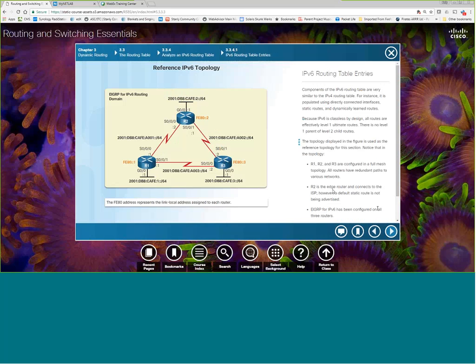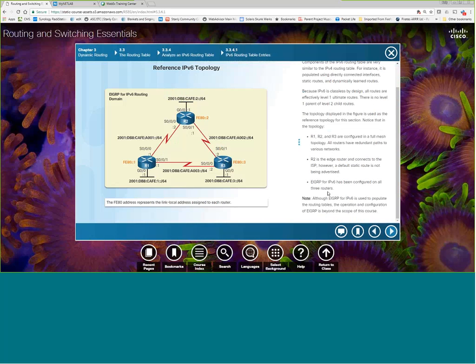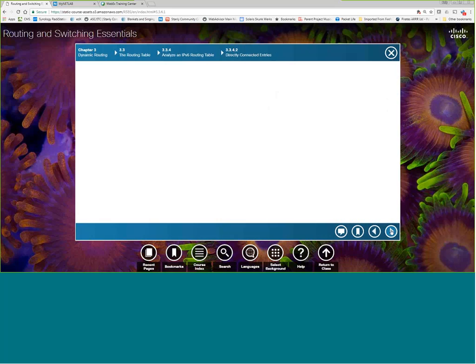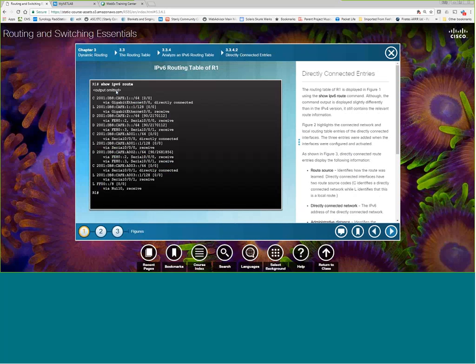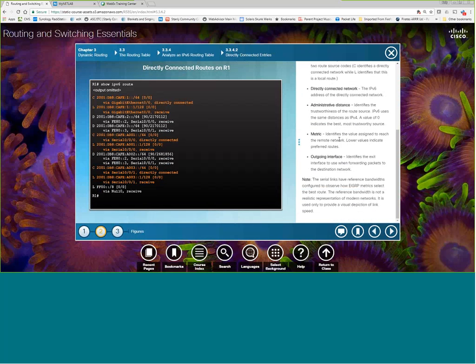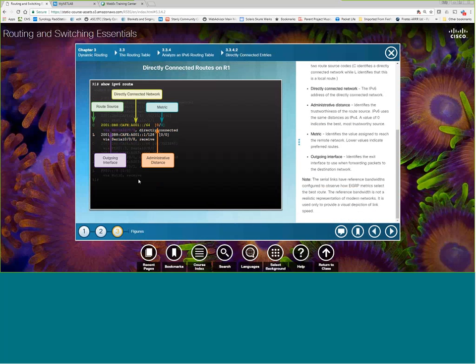Now, IPv6 works exactly the same, folks. We do use RIPng, which is a new, slightly different protocol. We use show ipv6 route to see the IPv6 routes. It's got the same directly connected routes, metric, all those items that are the same.